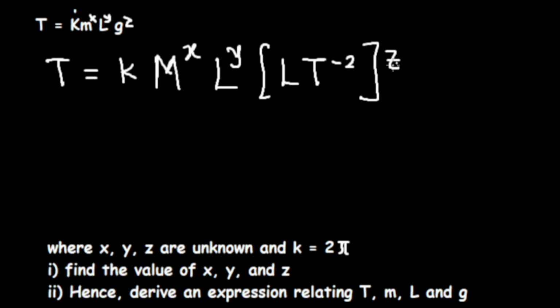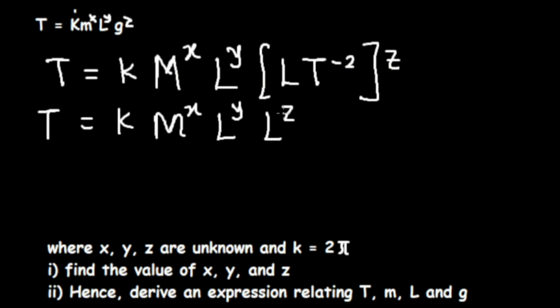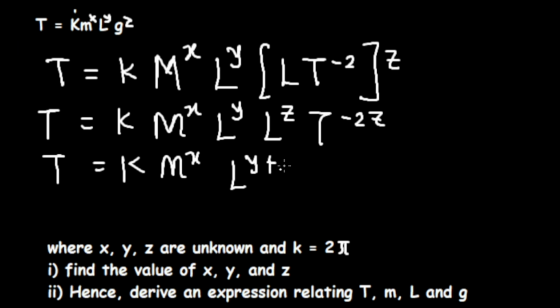Z. So if I should open it up, I would have T equals k, M to the power of x, L to the power of y, then L to the power of z. If I open the brackets, then T to the power of minus 2z. So we have L in two places, so that can make it T equals k M^x, then L to the power y plus z, then T to the power minus 2z.